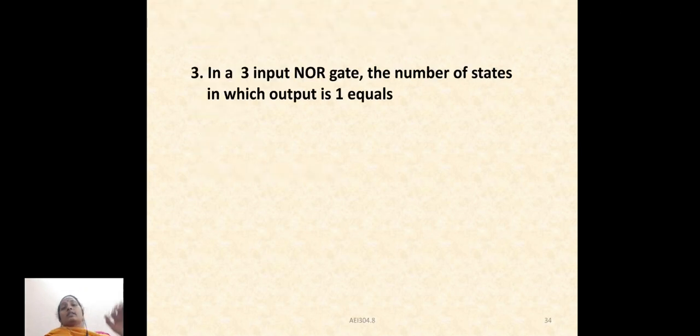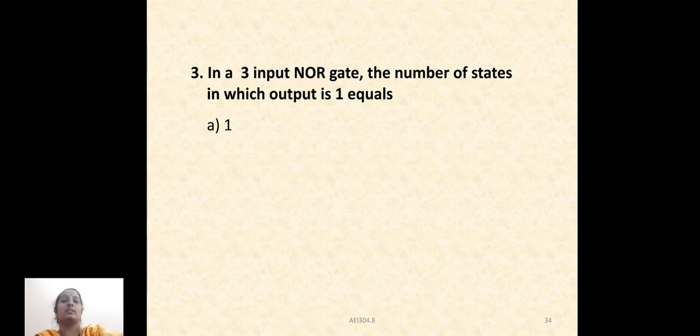Okay. One more question is there. In a 3 input NOR gate, the number of states in which the output is 1.